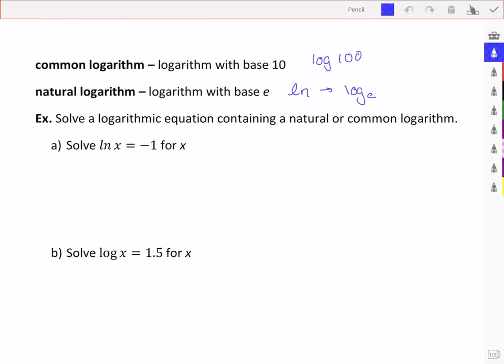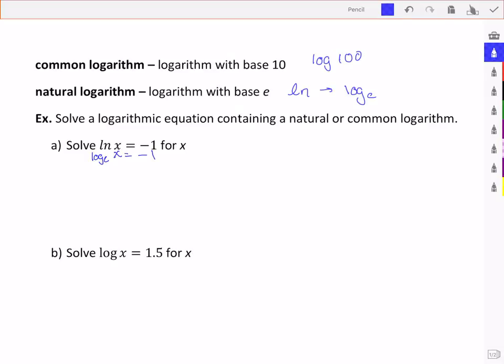So we're going to solve a logarithmic equation containing a natural or common logarithm. Natural log of x is equal to negative 1. So remember that natural log is the same thing as log base e.